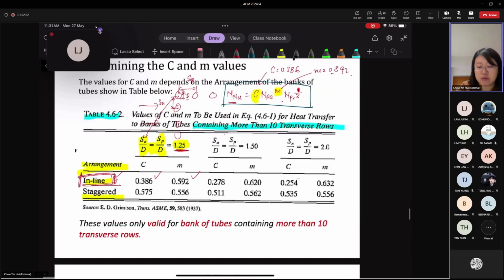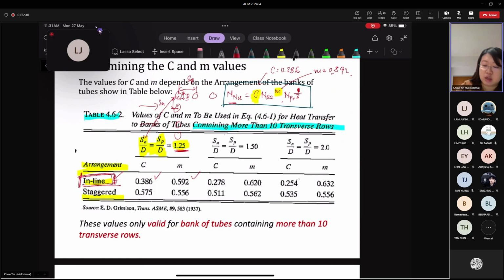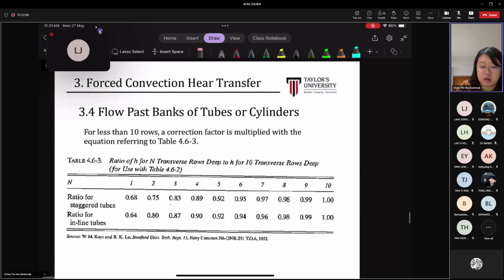Now, how are we going to solve it? If there are only 4 rows, we will need to apply some correction factor. The value is only valid for 10 transverse rows. If you have less than 10 transverse rows, then we need to refer to table 4.63.